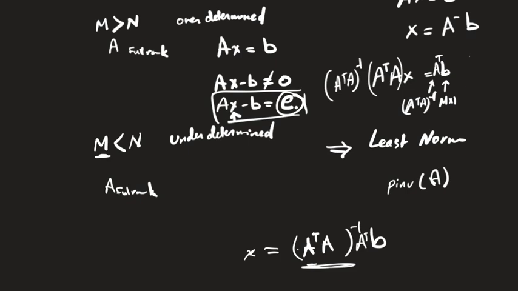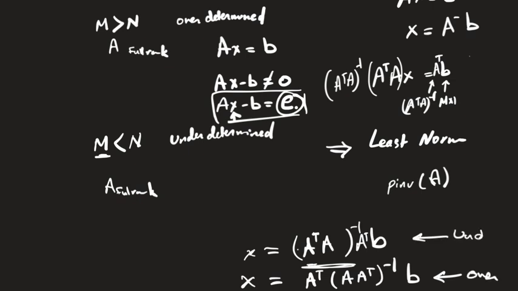And again, that one is using a pseudo-inverse approach, but the pseudo-inverse becomes the other way around. So it becomes (A transpose A) to the power minus 1 multiplied by A transpose and then B, with the x from the other side. So this is for the overdetermined case, and this is for the underdetermined case, okay? In both cases, you are using a pseudo-inverse approach.